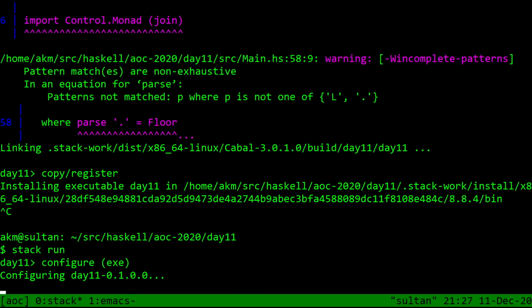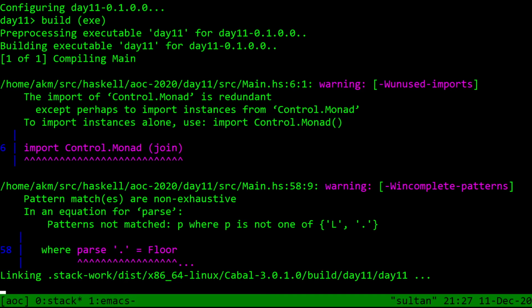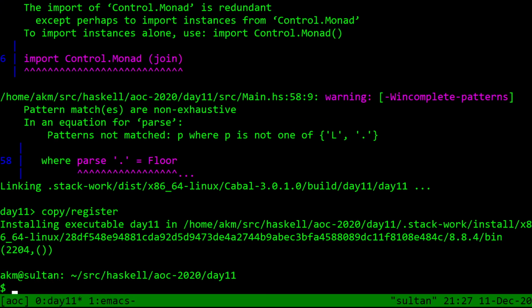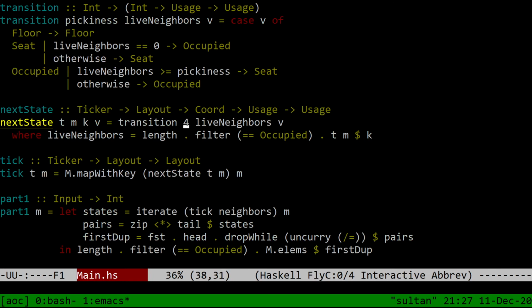So I need to actually lift the pickiness up into the transition function, I think. 2204. Okay, that's still correct. Now I need to figure out how to extract this, which I think is simple enough.